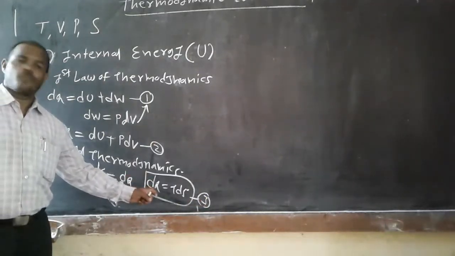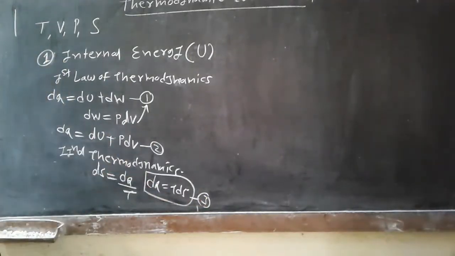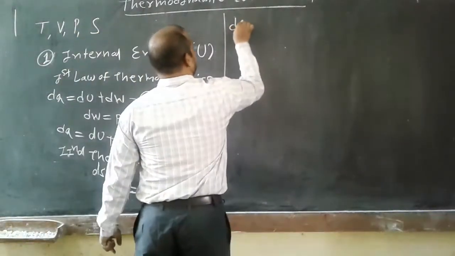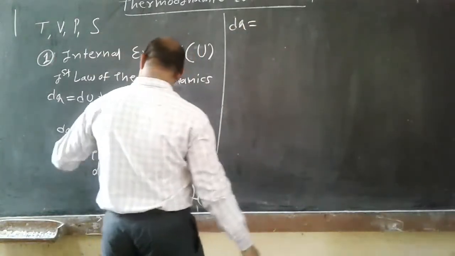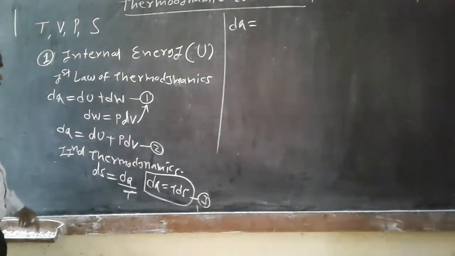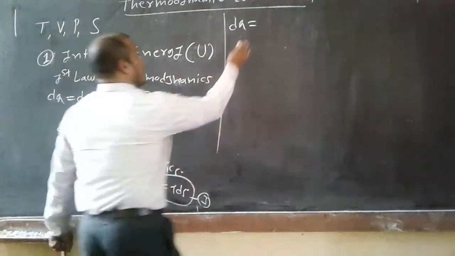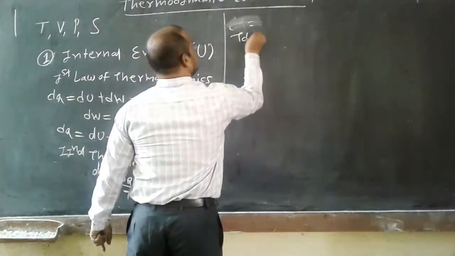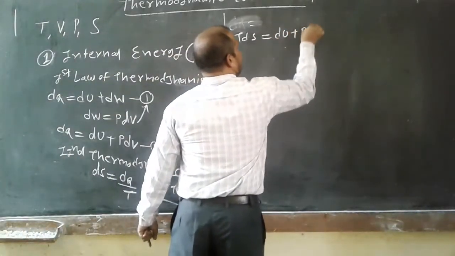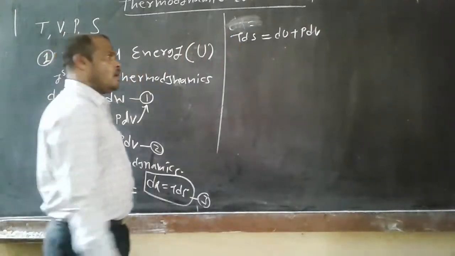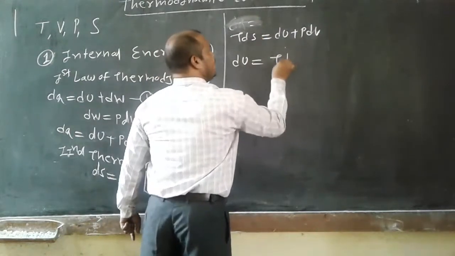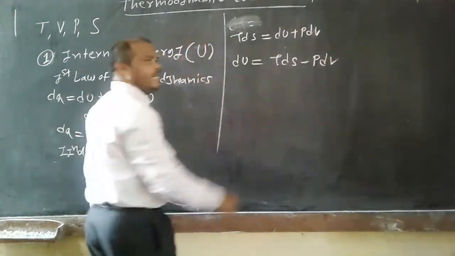Put the value of dQ as TdS into equation 2. So we get dQ, that is TdS, equal to dU plus PdV. Then solve this equation for dU: dU is equal to TdS minus PdV.